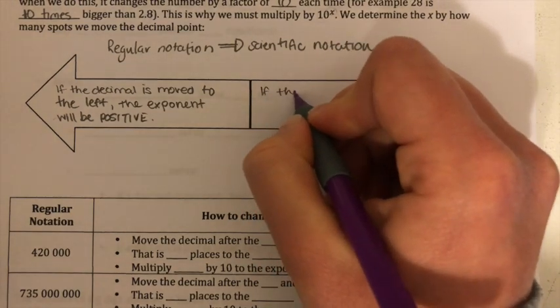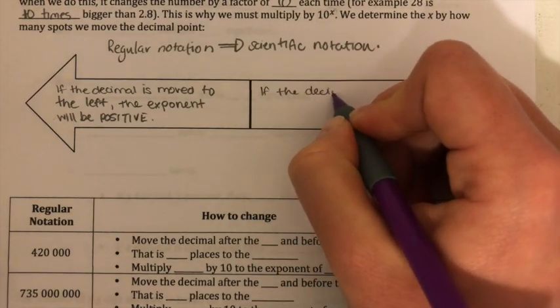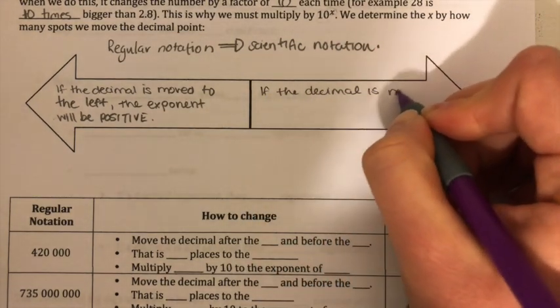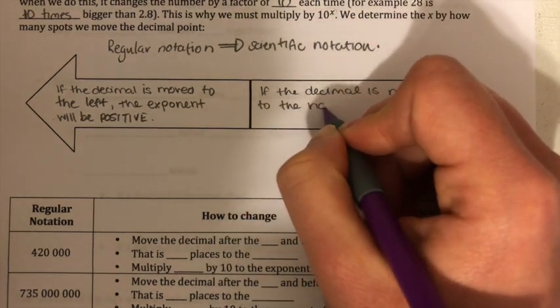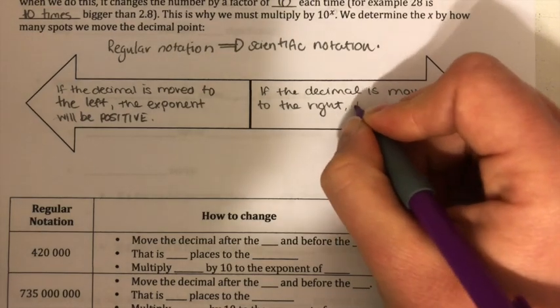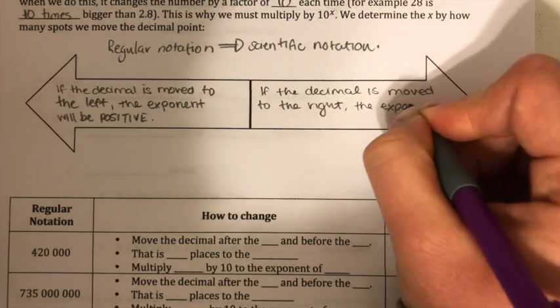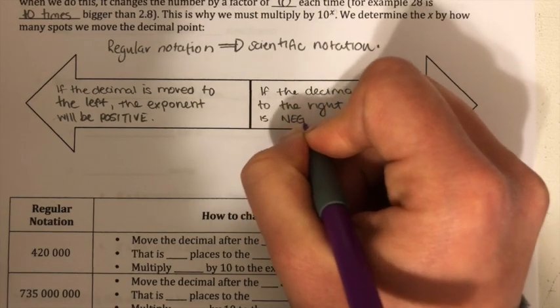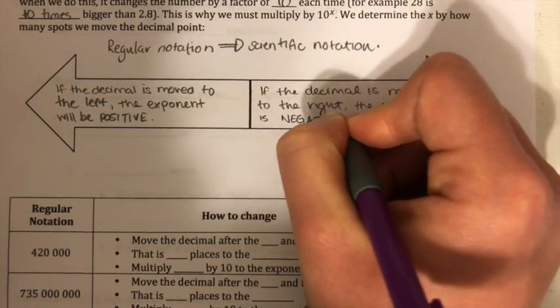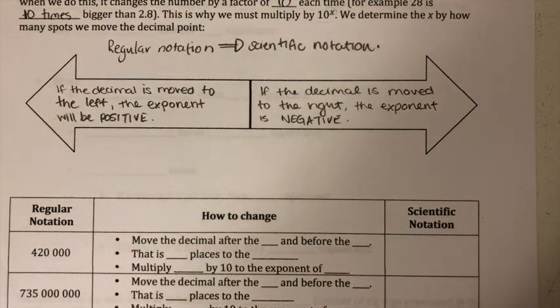If the decimal is moved to the right, the exponent is negative. Those are the rules, and now we're going to go through some examples, and hopefully it's going to make more sense as you start to see it.